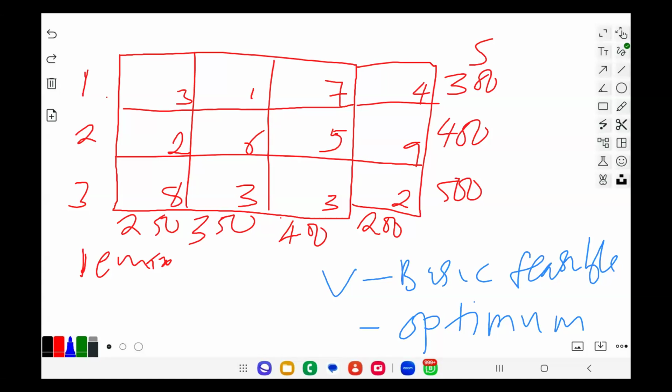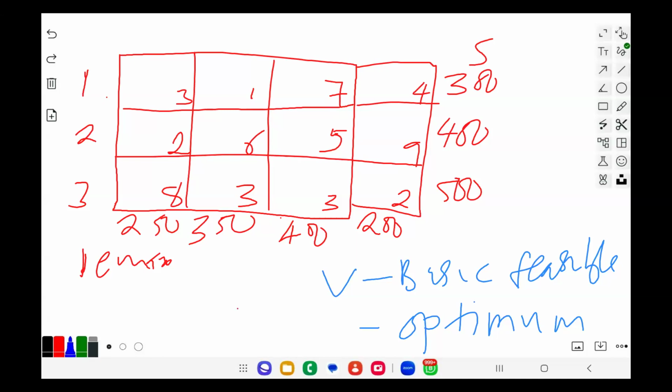In the interest of time, let's assume that we find the initial basic solution, because that's where we start from, using the northwest corner rule. You can even use the least cost or the VAM, whichever. The question will be very clear. You should be conversant with all of them. Is that clear?